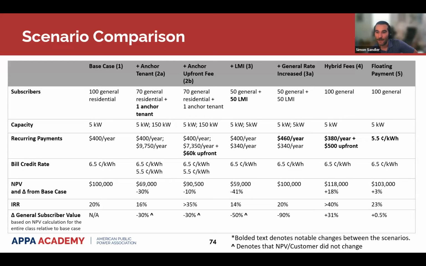In scenario 3, the LMI and the residential customers, there are 50 of each, and they're all subscribing to 5 kilowatts each. So you can see here in the capacity row under the one that says plus LMI (3), it's 5 kilowatt; 5 kilowatt. And that's correct. It's just that one thing, and I can fix that before we send the slides out again. But there was nothing wrong in the calculations. It was purely a number that had gotten copied over incorrectly. So apologies for that.